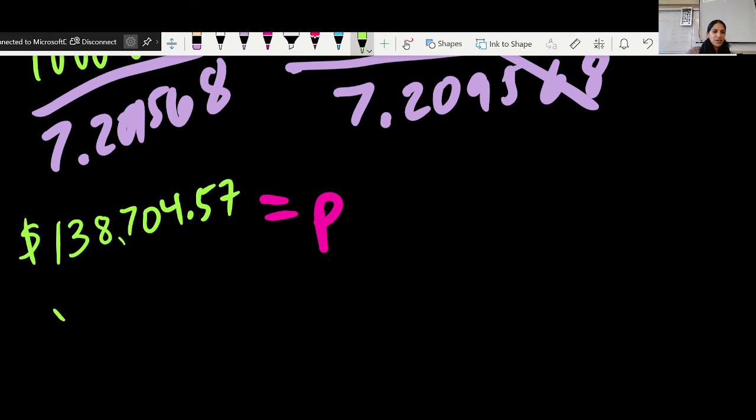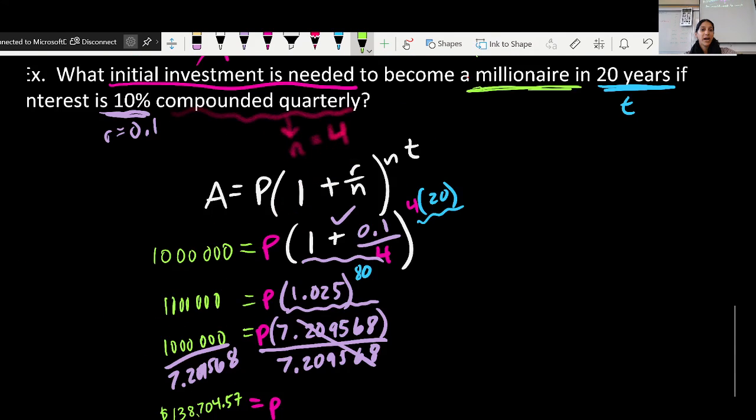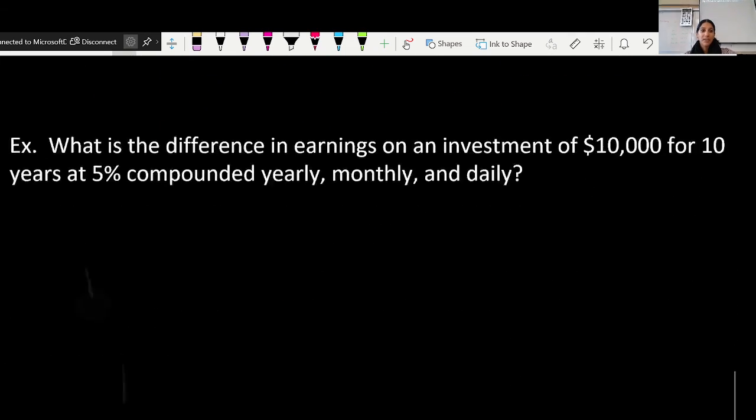So you would need to invest, because do you see that P was the principal amount? And if I go back to the question, it says, what initial investment is needed to become a millionaire?